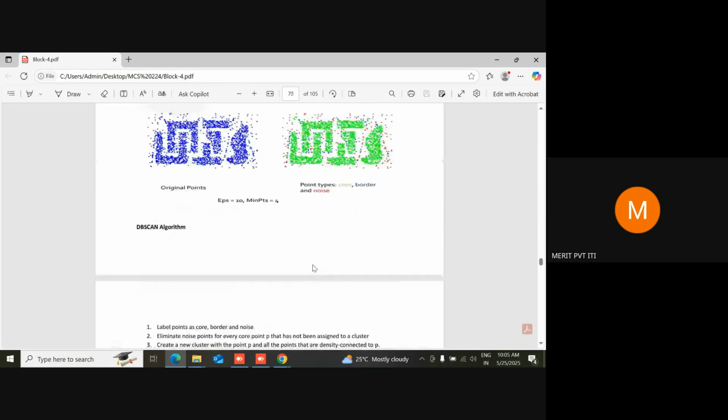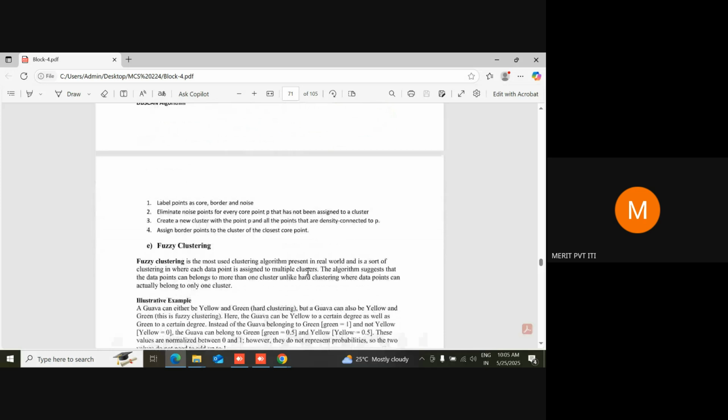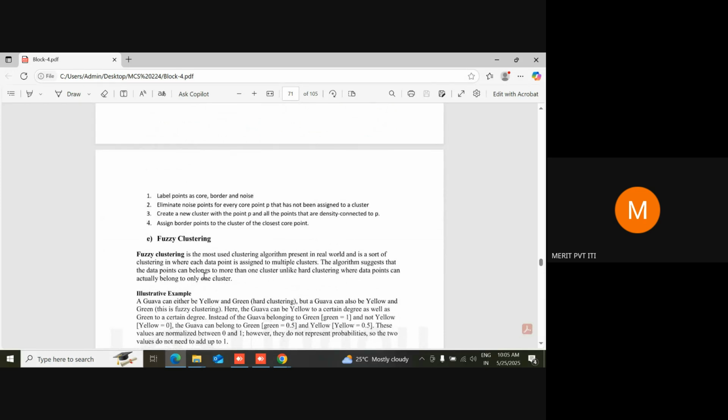So that covers up fuzzy clustering. In this, Goa can either be yellow or green, that is hard clustering, but Goa can also be yellow and green. This is fuzzy clustering. Here Goa can be yellow to a certain degree as well as green to a certain degree.